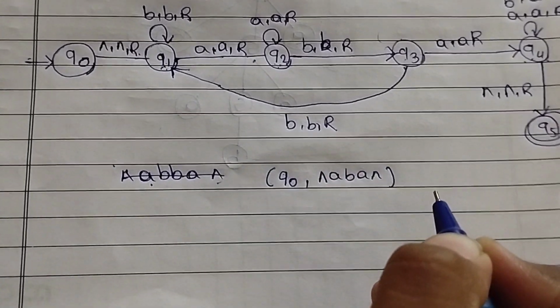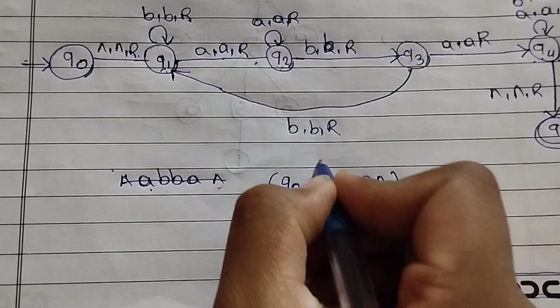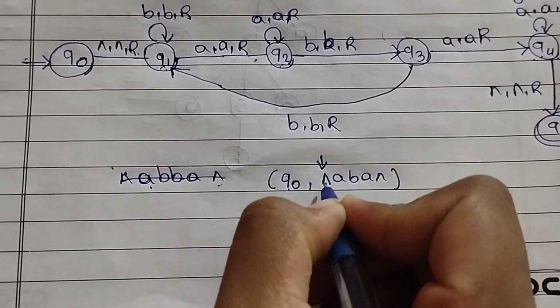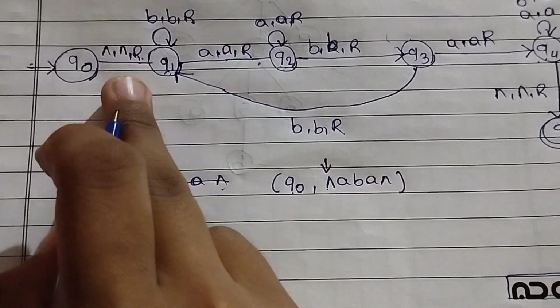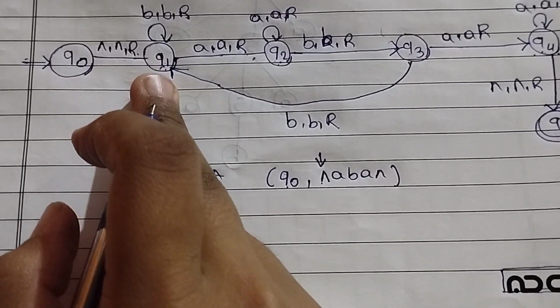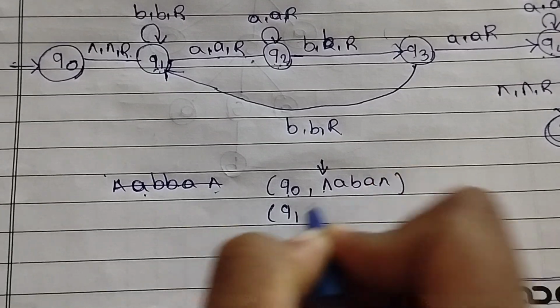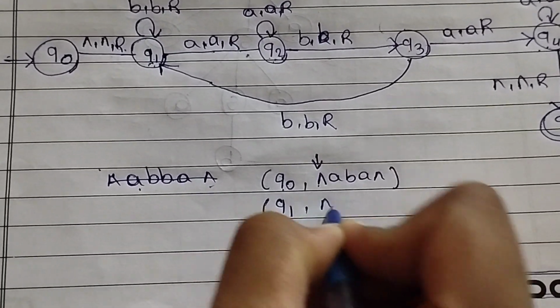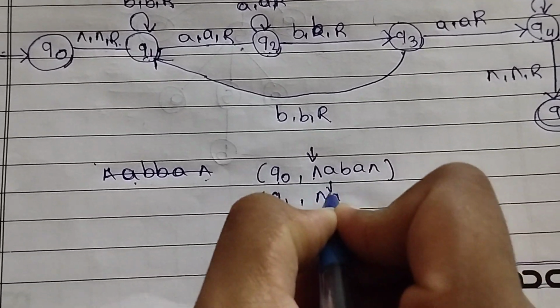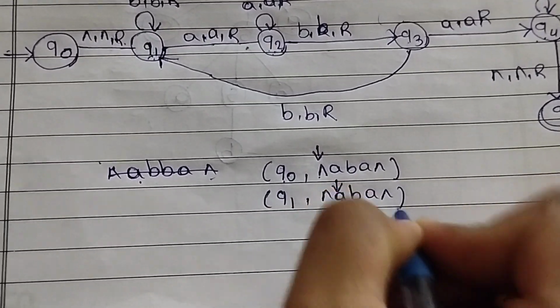So this is the initial state. Now we read the null value in the initial state, so we keep this null value as it is, and we reach the Q1 state. So Q1 state, and now we read A, after this null value we read A, B, A, null.